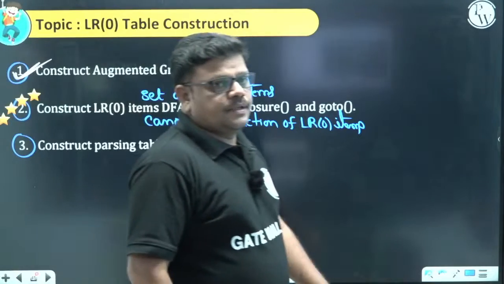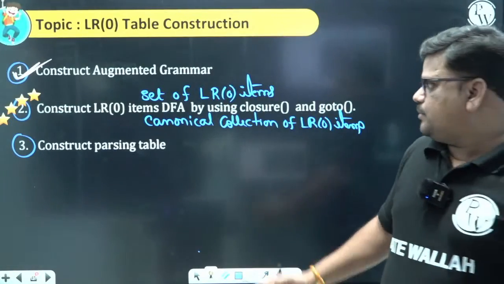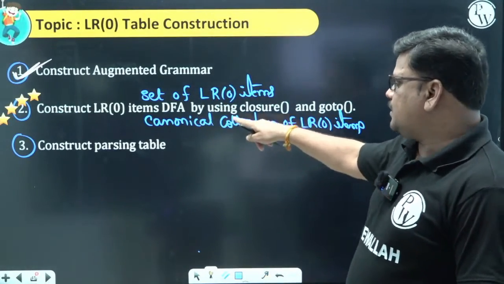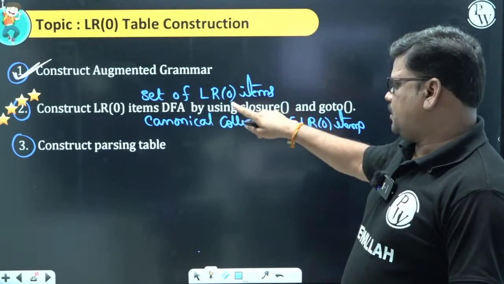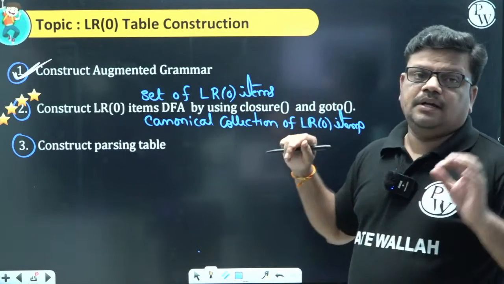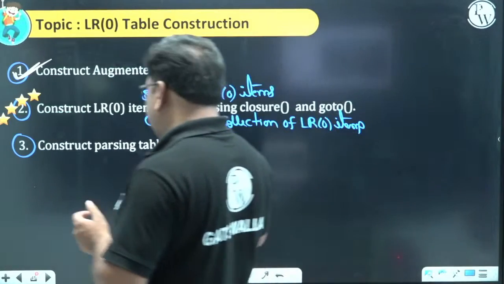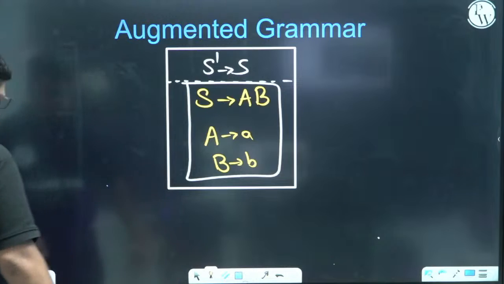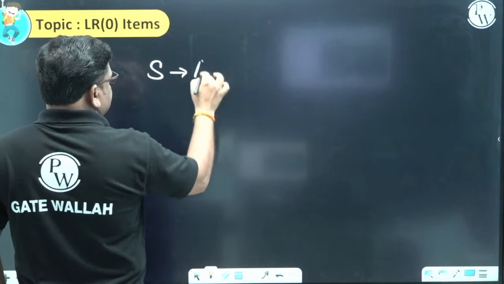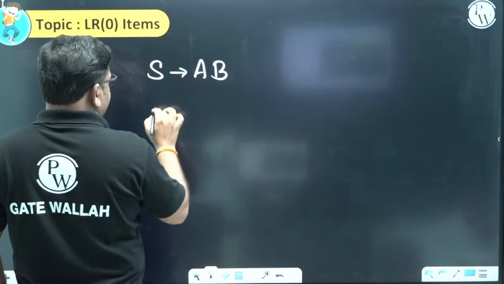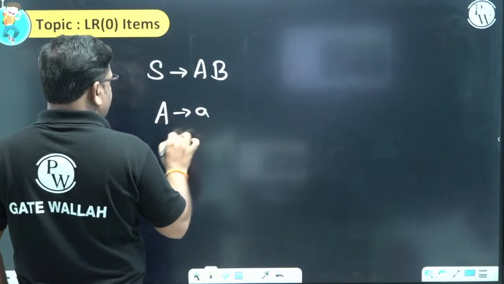Second one, compute LR0 items. Construct the LR0 items DFA, or compute the set of LR0 items, or the canonical collection of LR0 items. First of all, let us know what an LR0 item is. There is a difference between a normal grammar production and an LR0 item.